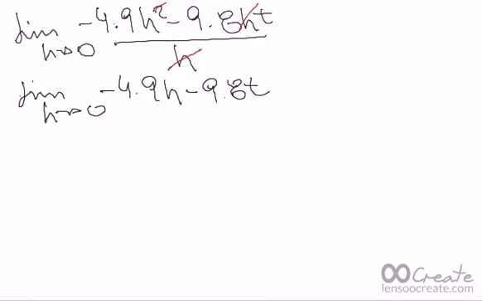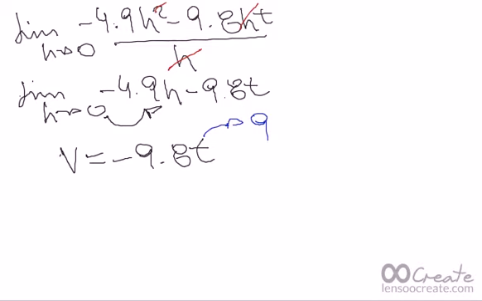As h goes to 0, the velocity is going to equal minus 9.8 t. What we originally wanted to know was when t was 9.